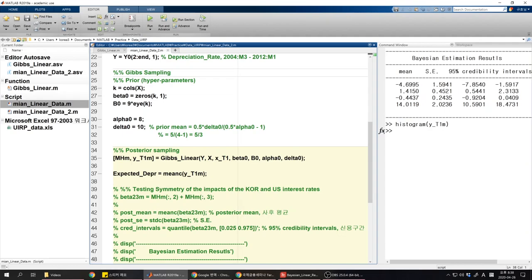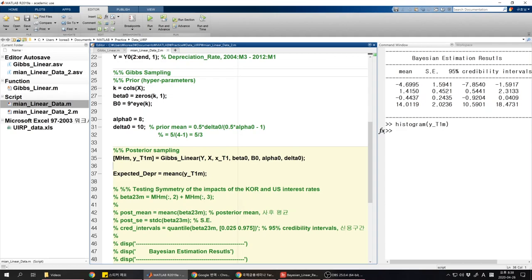My interest now is that I want to compute the probability that the depreciation rate is negative. What's the probability of appreciation in a month?